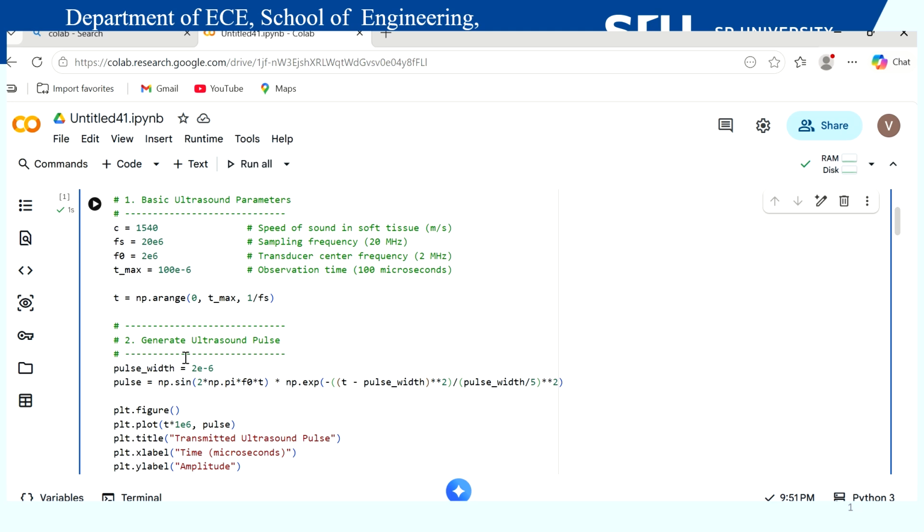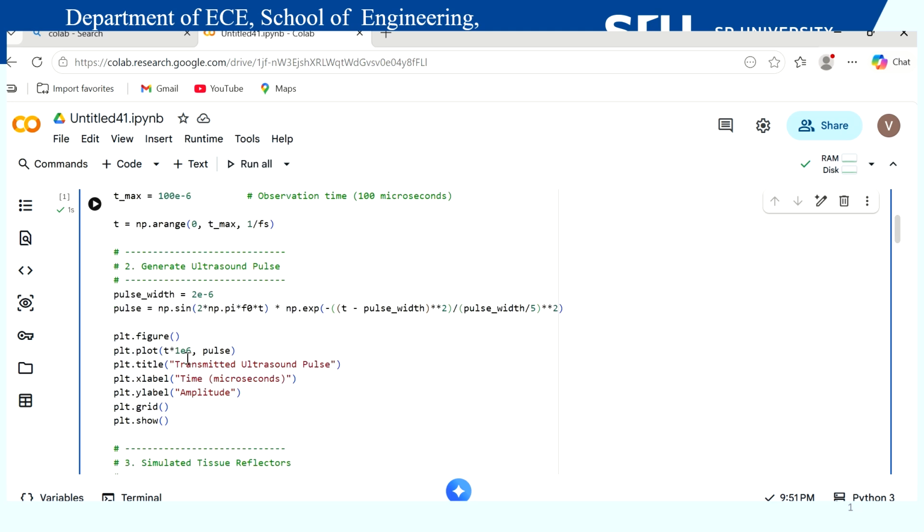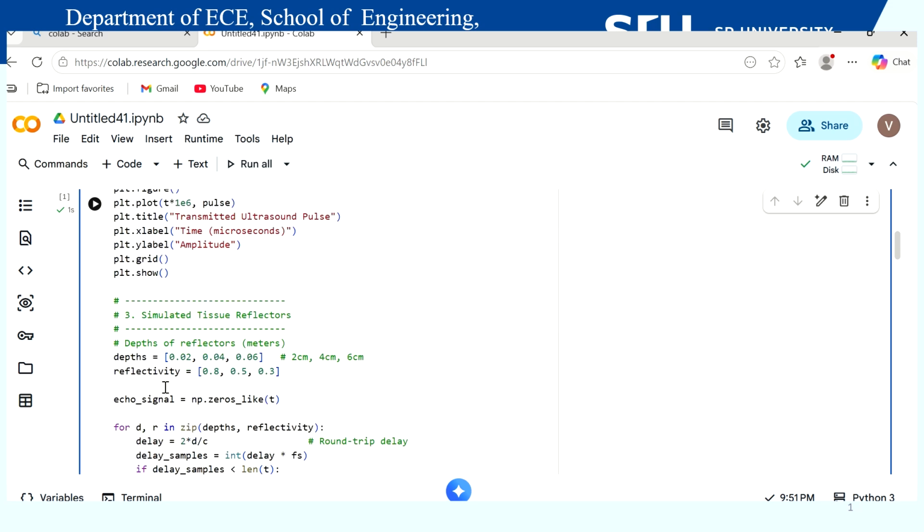Simulated tissue reflectors. Next, depth is equal to 0.02, 0.04, 0.06, that is 2 centimeters, 4 centimeters, 6 centimeters. And then reflectivity is equal to 0.8, 0.5, 0.3.